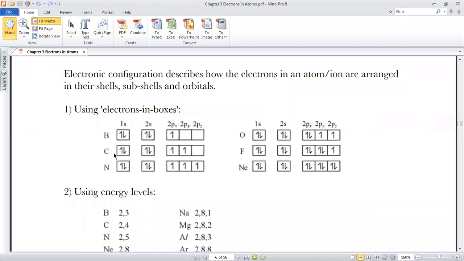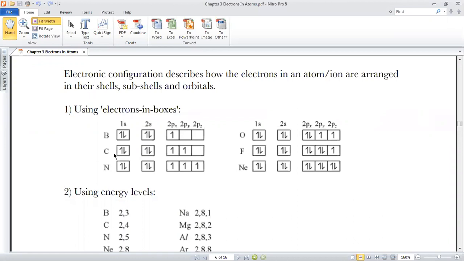Then we also have studied that electrons prefer to go to different orbitals of equal energy. The 2p subshell has 3 orbitals, but these 3 orbitals have equal energy, and this phenomenon is called degenerate orbitals. Degenerate orbitals means orbitals with equal energy. This can be found in the p subshell or d subshell, and even in the f subshell, which we do not require.